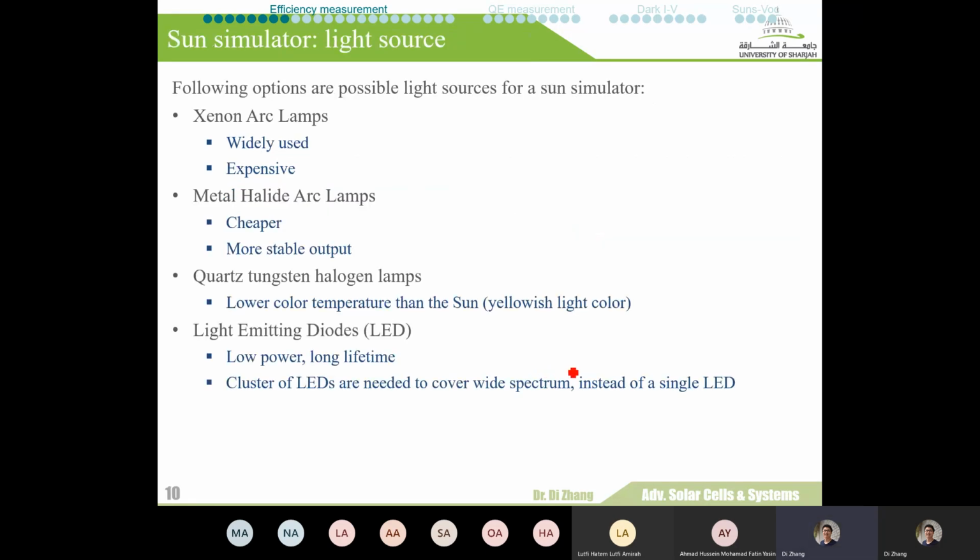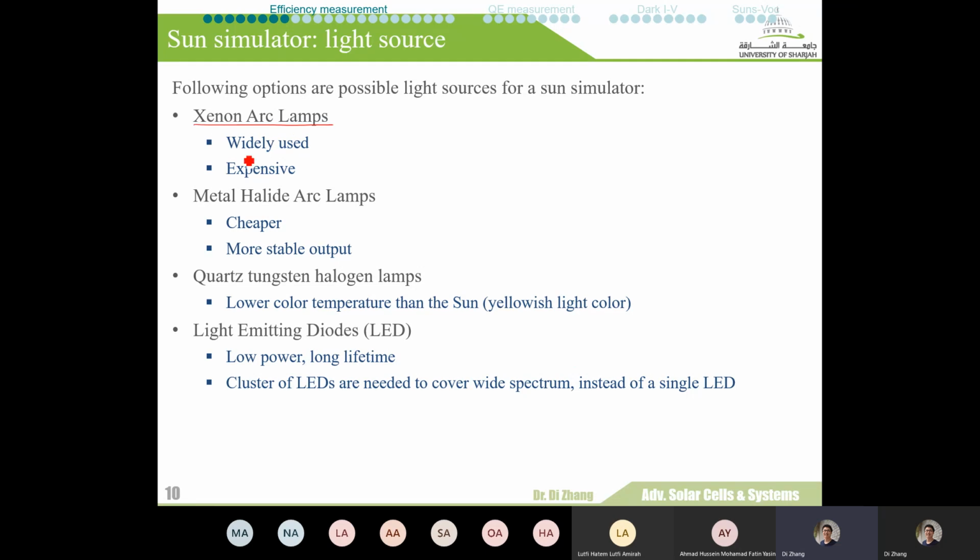All right. In a solar simulator, obviously there should be some kind of light source inside. So typically, what are the possible options? What kind of light source can we incorporate into a solar simulator? These are the common options. The most popular option is the so-called xenon arc lamp.